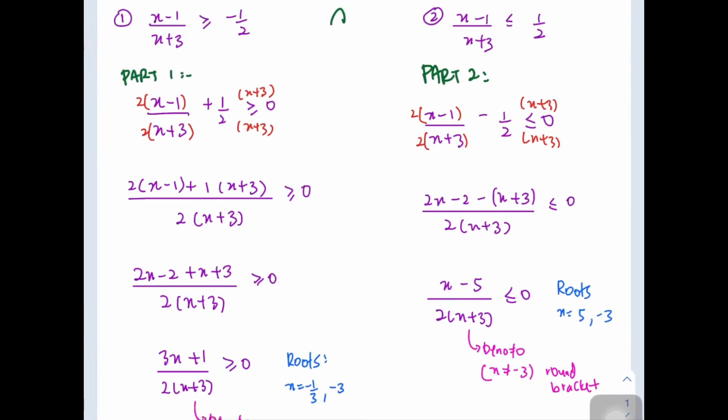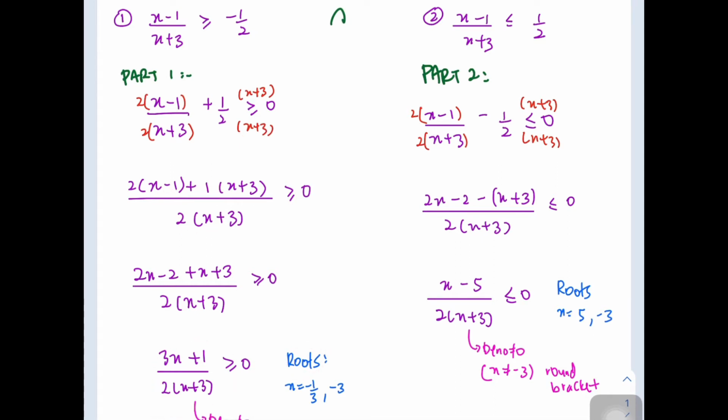Now let's solve the first part. In order to solve this, you need to bring negative half to the other side. You cannot cross multiply because we don't know whether x plus 3 is positive or negative. So bring this one here. Now equate your denominator and simplify this until you get this.